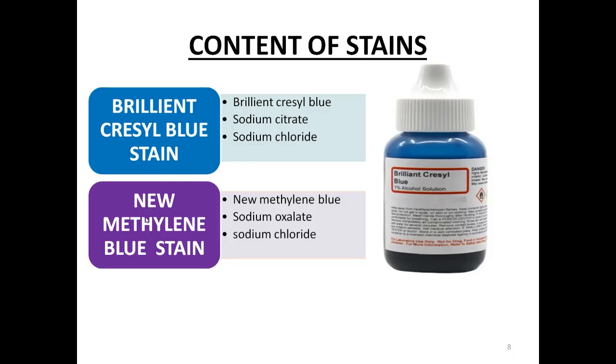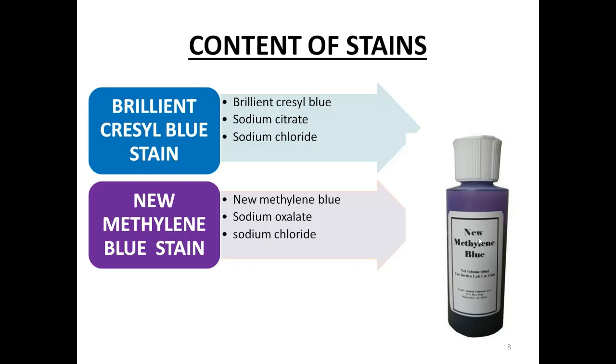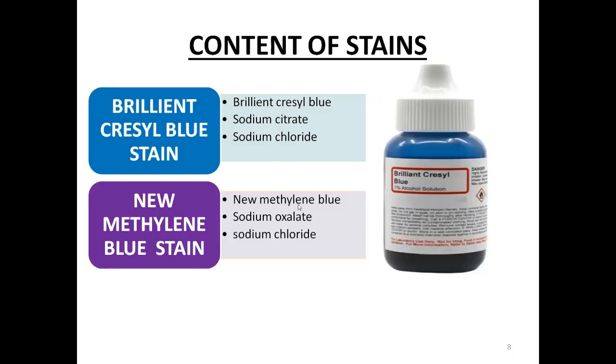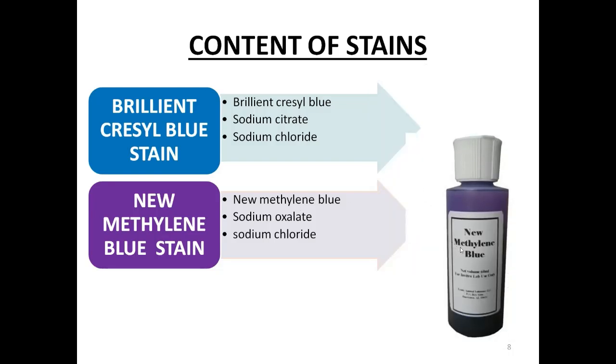This is a picture of new methylene blue. The content of new methylene blue is new methylene blue, sodium oxalate and sodium chloride. Here there is sodium citrate, whereas here there is sodium oxalate. Here there is brilliant cresyl blue, here there is new methylene blue. Sodium chloride is in both. So once again, this is a picture of brilliant cresyl blue, and this is a picture of new methylene blue. Okay.